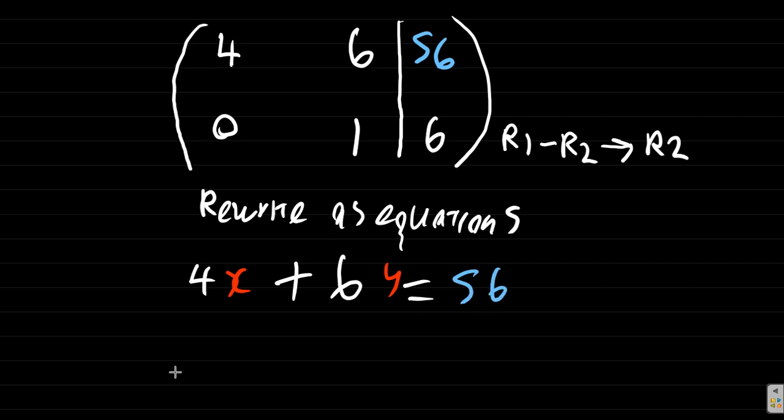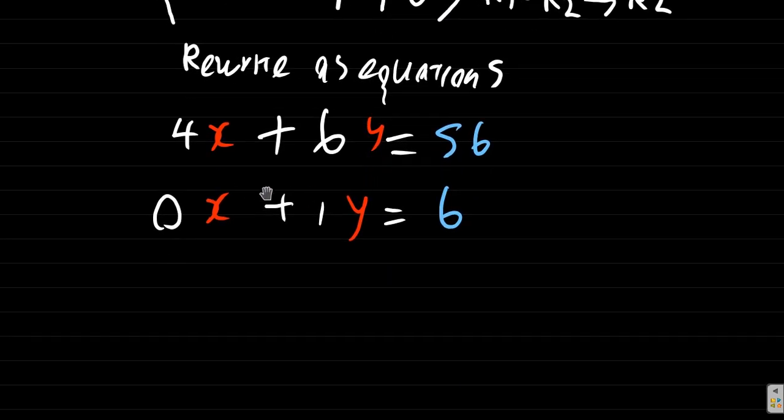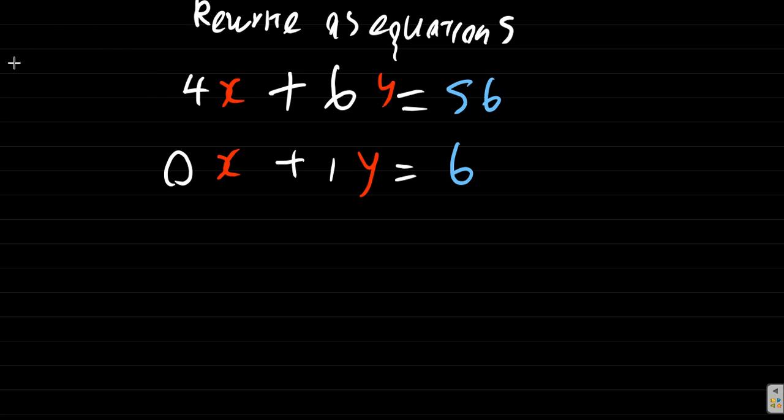And then we have 0x plus 1y equals 6. Because you know, both 4 and 0 are multiplied by x, both 6 and 1 are multiplied by y, and 56 and 6 are on the right hand side of the equal sign. Now, since x is 0, you can see that y is equal to 6.